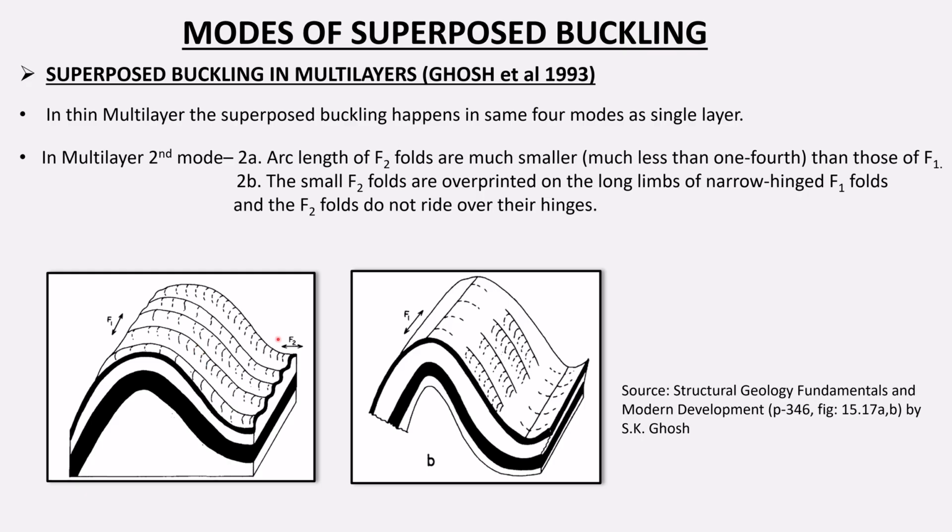It can happen that the small folds are overprinted at the long limbs of the first generation fold, but they do not appear in the hinge area, as you can see in this picture.